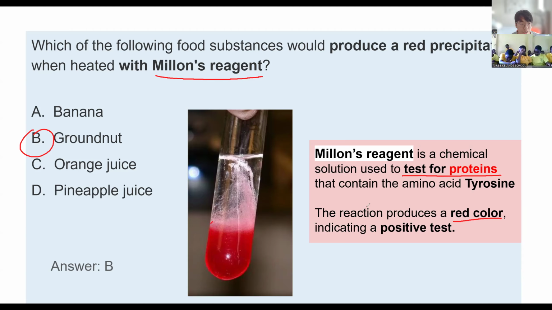And groundnuts have the most protein. That's why the answer is B. I hope everyone understands, and if you have any questions, feel free to ask me. Other choices like bananas, orange juice, and pineapple juice are not really rich in proteins as a groundnut is. Okay, let's move on.